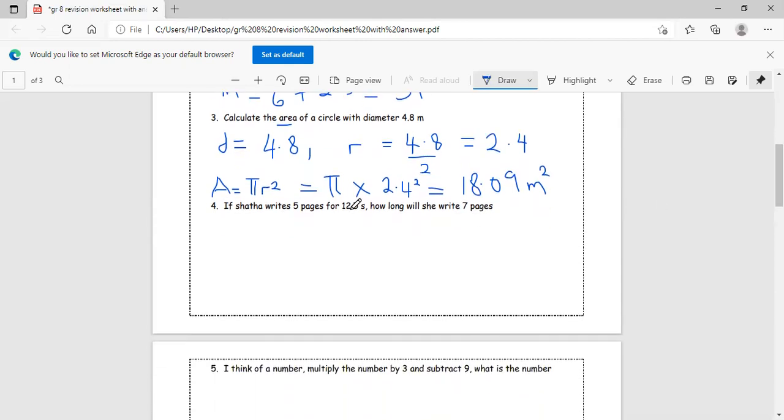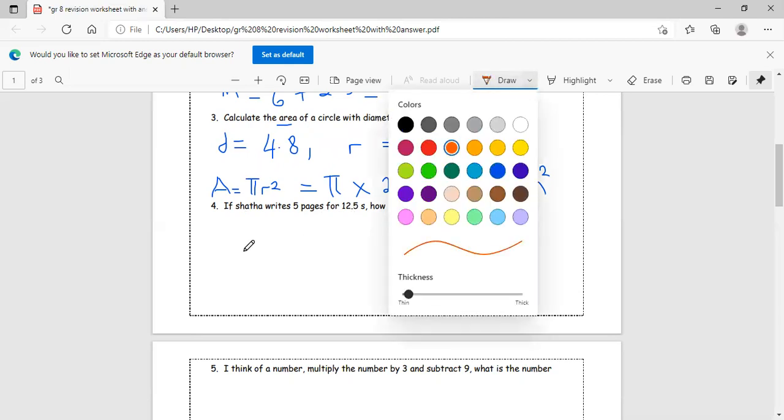Question number 4. If Shada writes 5 pages of a book for 12.5 seconds, how long will she write 7 pages? So let me change the color at this point, okay?